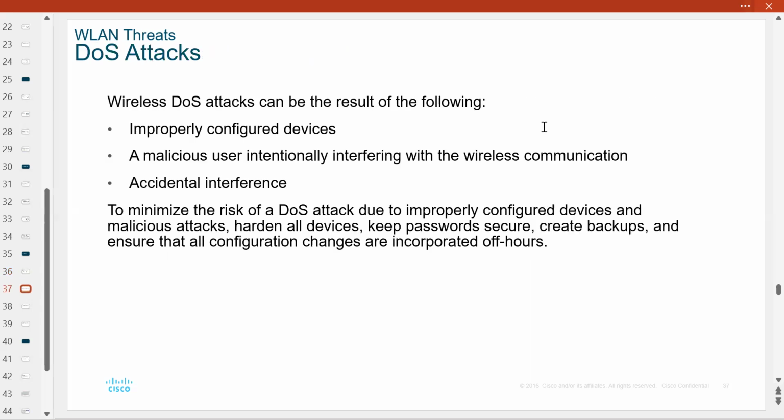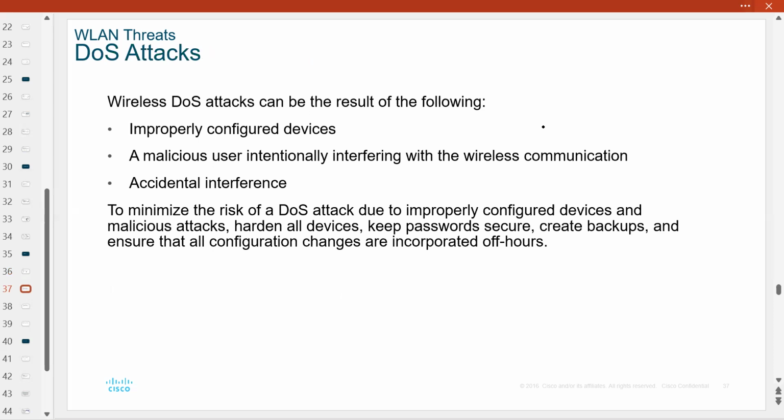Wireless DOS attacks can result from the following: improperly configured devices, a malicious user intentionally interfering with the wireless network, accidental interference.